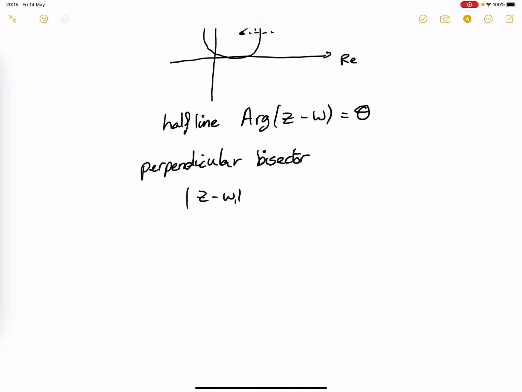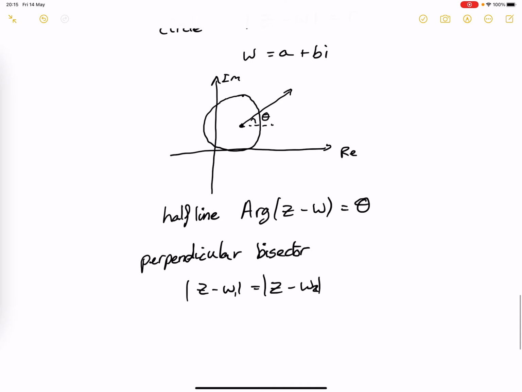What this will mean is that you have 2 points, w1 and w2, and there will be a perpendicular bisector between them. So the distance from this set of points is the same no matter which way you do it.